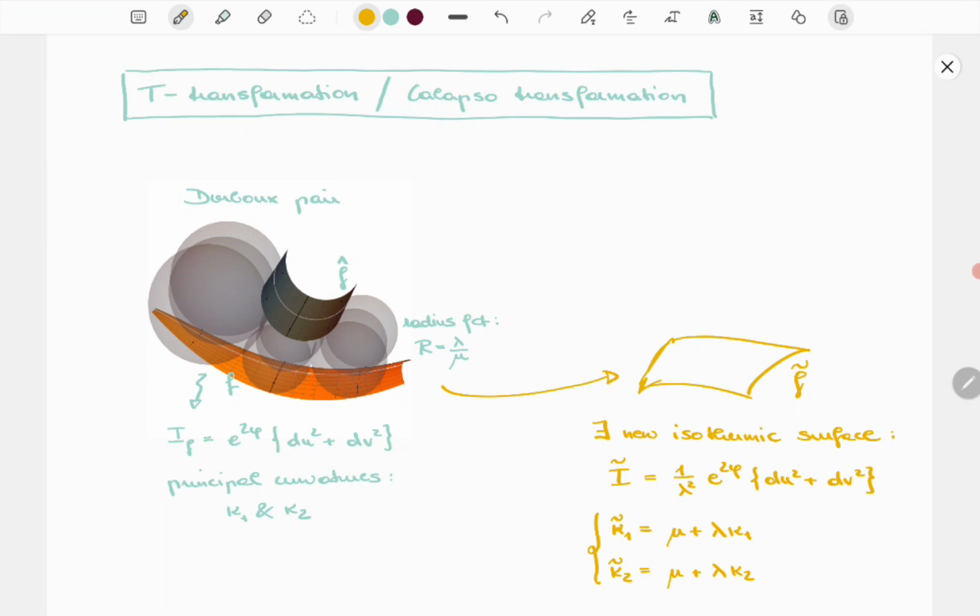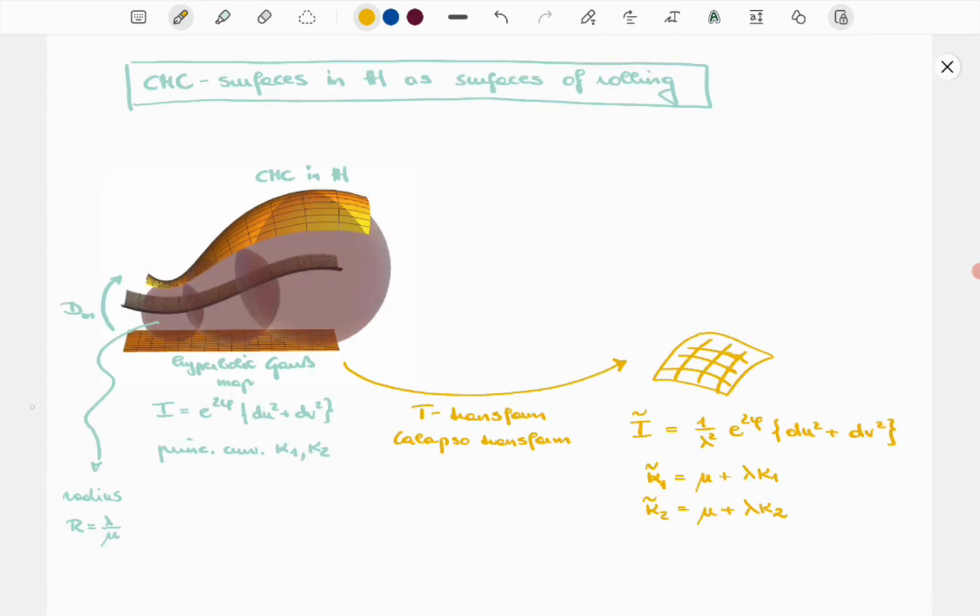For example, there is one specific isothermic surface that belongs to F and is given by the following metric and the following two principal curvatures. Of course, this construction here is symmetric, so we can also make a T-transformation of the second surface, so of F hat, to obtain a new isothermic surface F hat twiddle.